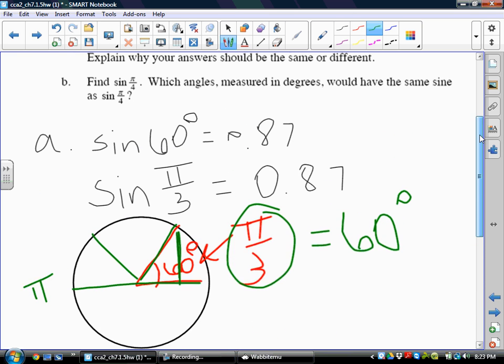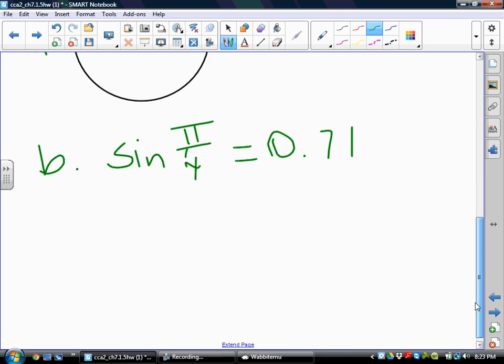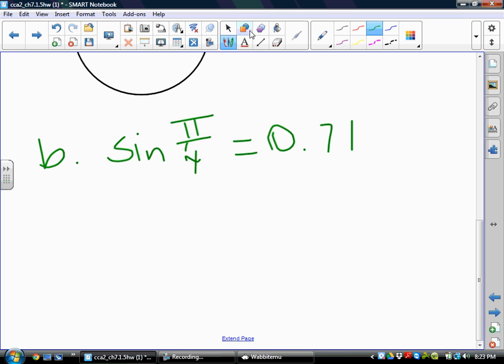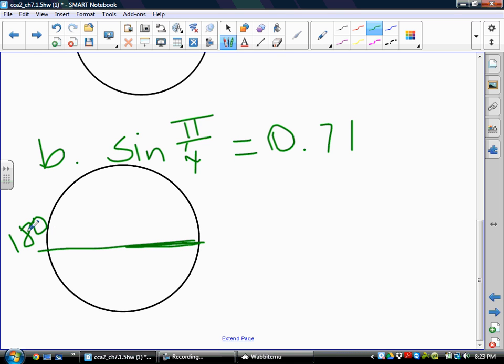Let's see what the rest of the question asks us to do. So we found sine of pi over 4. Which angles measured in degrees would have the same sine as pi over 4? Well, let's first figure out what this measurement is in degrees. Again I'm going to use my little circle as an example. Here's about 0 degrees right there. If I split this in half, I know this is 180 degrees, but in radians it's pi.